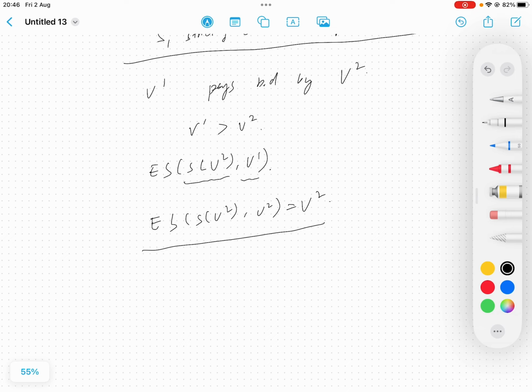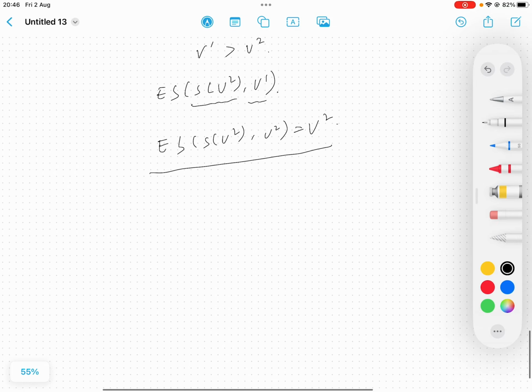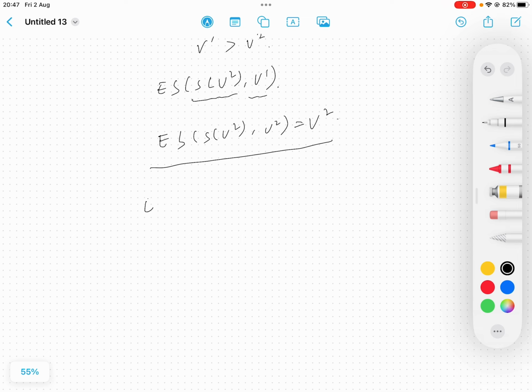So this means that the security design problem actually impacts the revenues only through the difference of those two values, essentially the difference between ES SV2 V1 and ES SV2 V2.